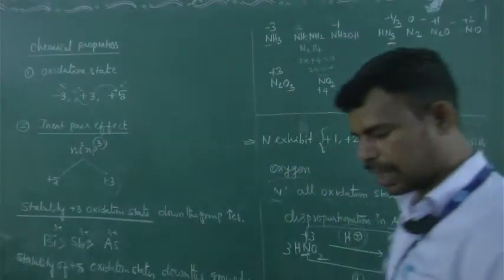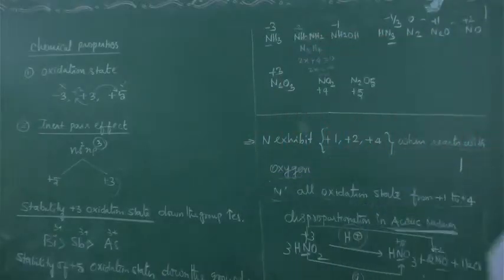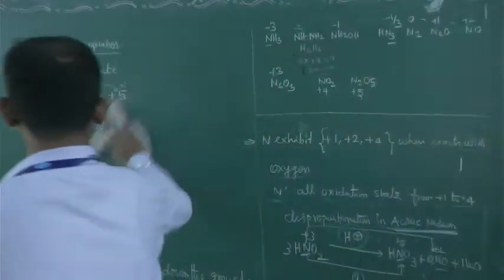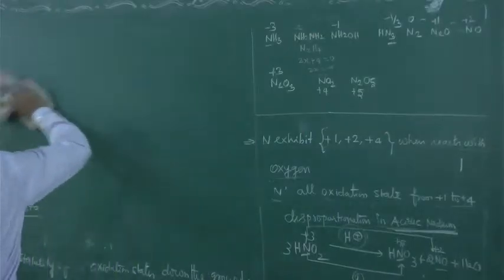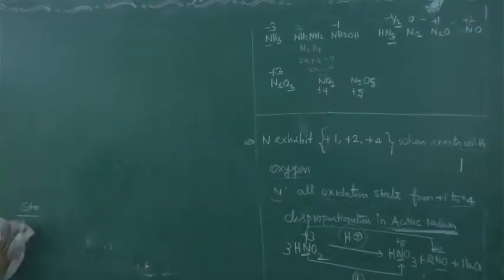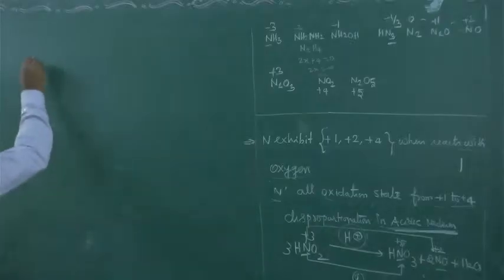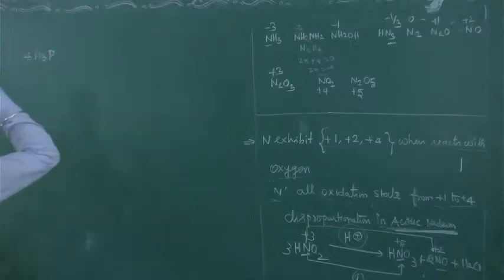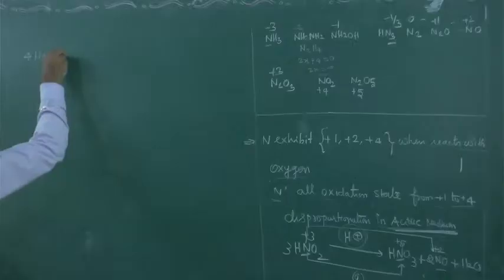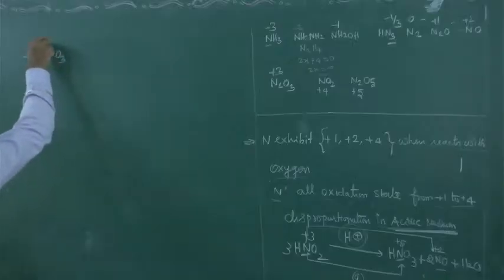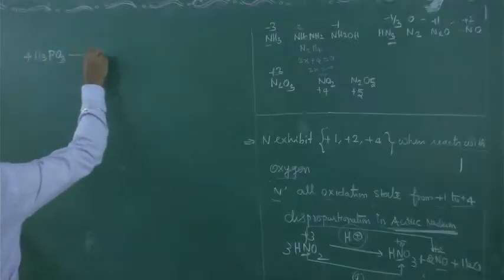Next, similarly, in the case of phosphorus also, it tends to undergo disproportionation either in acidic or in basic medium. Please note this, phosphorus also undergoes disproportionation. What is the oxidation state in this case?